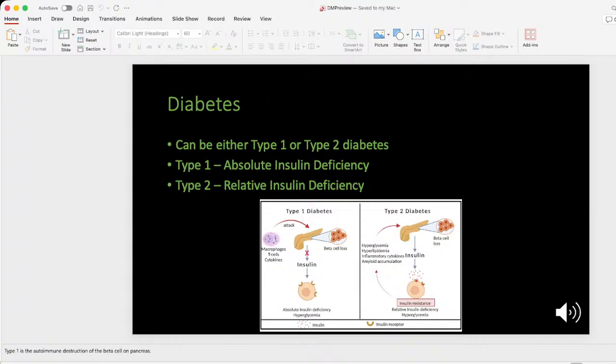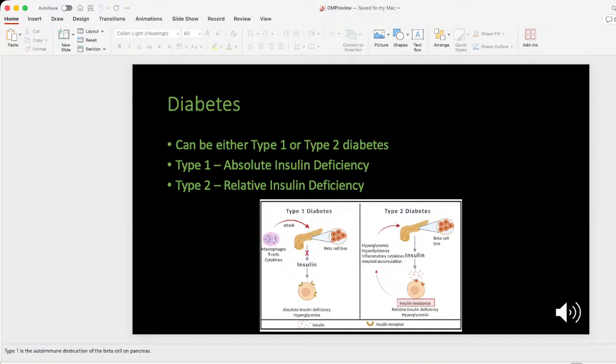So before we start, diabetes essentially comes as two types. You've got type 1 and type 2. Type 1 is basically when the pancreas is unable to produce any insulin at all.